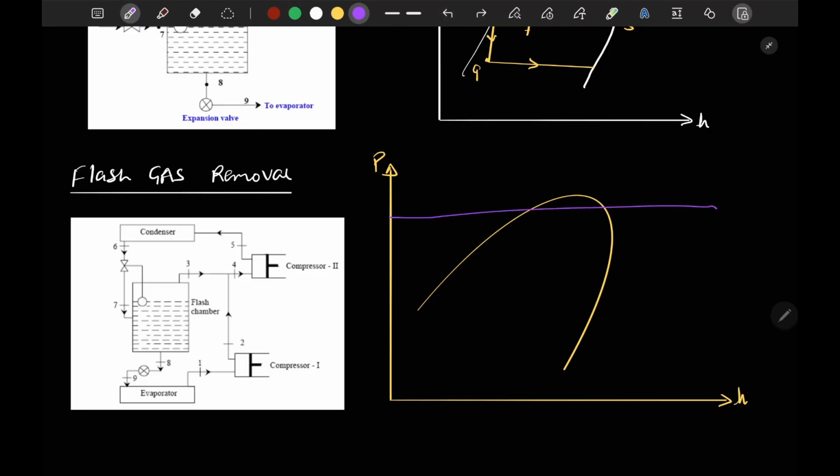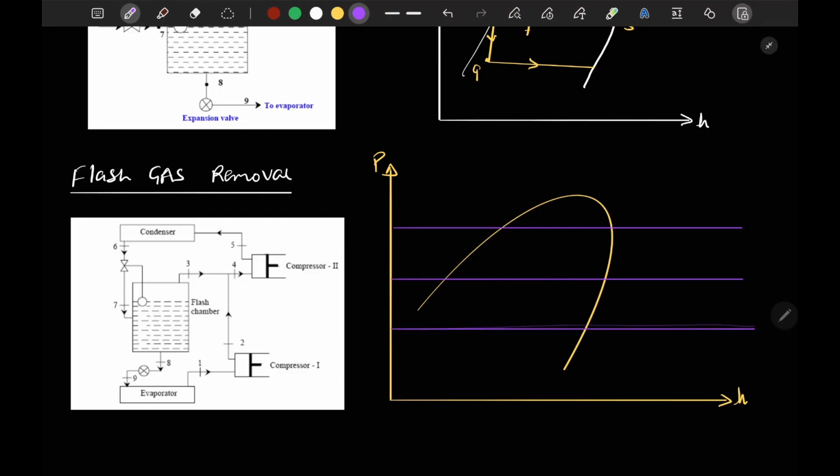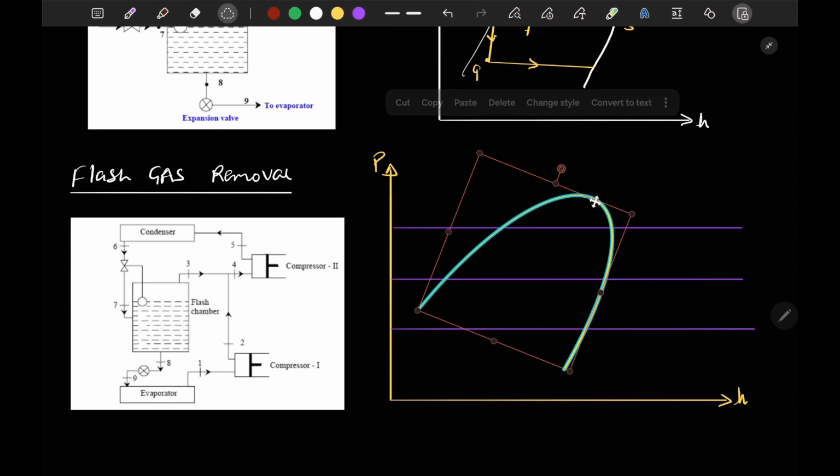So let's draw first, this is our condenser pressure. Now this is our flash chamber pressure, and here is our evaporator pressure. Now let me move this to incorporate all the lines inside this.